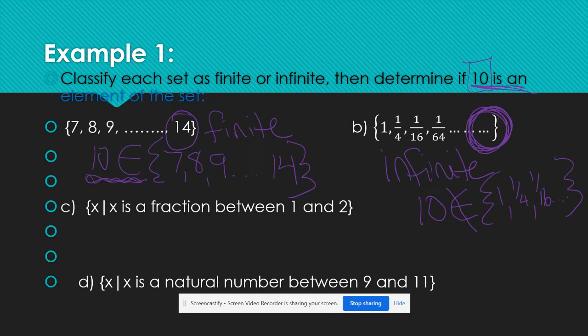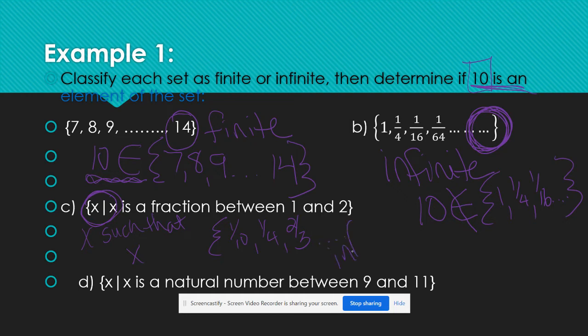All right, letter C. Remember, this x line x is x such that x is a fraction between 1 and 2. Well, I could start writing some of those. 1/10 would be a fraction, 1/4 would be a fraction, 2/3 would be a fraction. But really, there's an immeasurable amount of fractions that we could potentially write between 1 and 2.